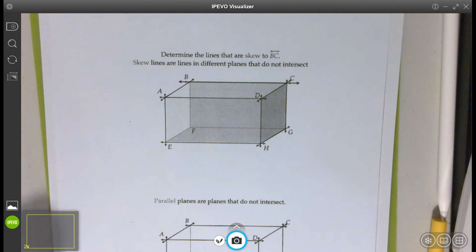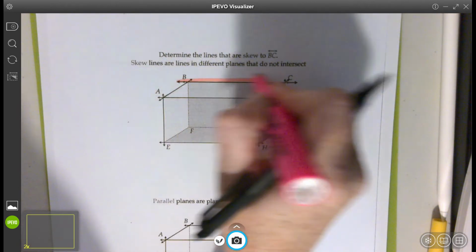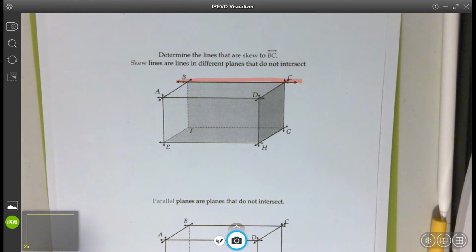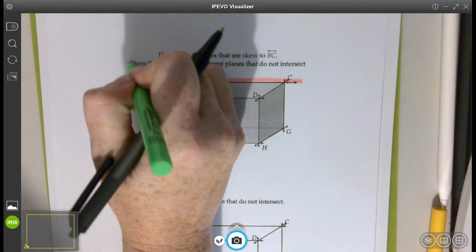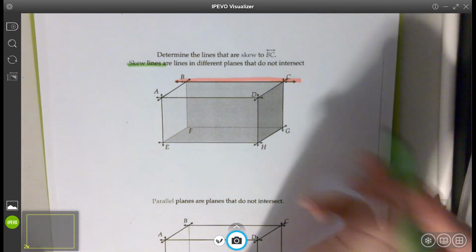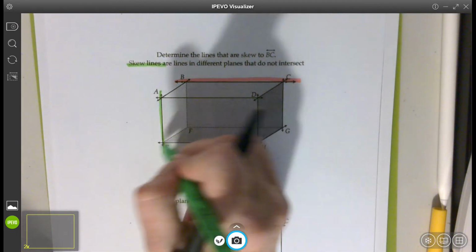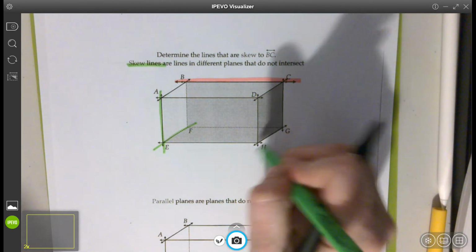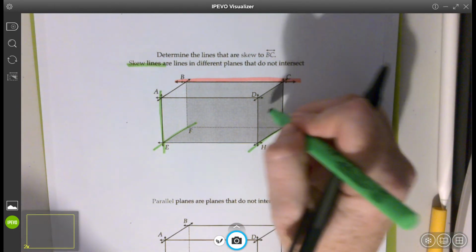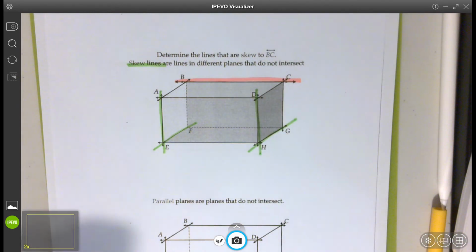All right, so I'm going to highlight BC, and we're finding our skew lines. I'm going to highlight all the skew lines in green. So here I have AE is skew to BC, EF is skew, HG is skew, and DH is skew, all skewed to my pink line.